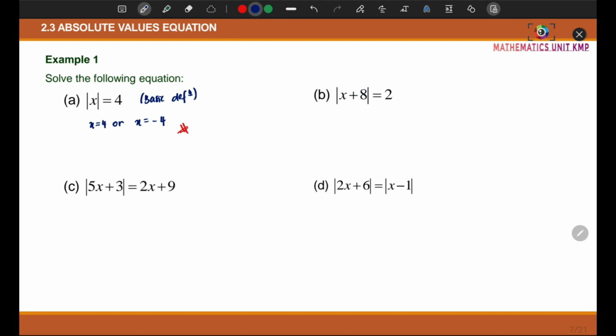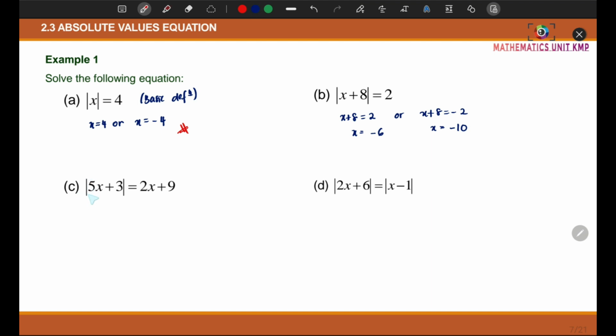Next, part B. The same as part A, we can use the basic definition to solve this absolute value equation. So we will have x plus 8 equal to 2 or x plus 8 equal to -2. We put plus and minus on the right side of the equation. Solving, we have x equal to -6 and x equal to -10.